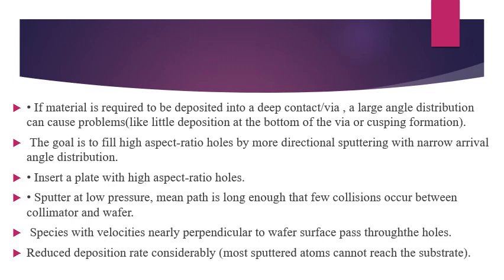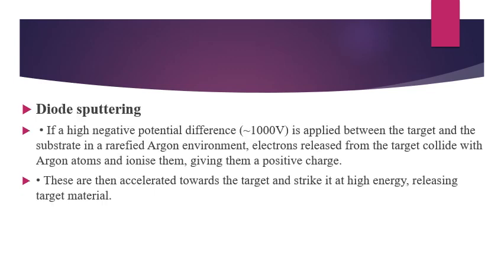Insert a collimator, a plate with high aspect ratio holes. Sputtering at low pressure means the path is long enough that few collisions occur between the collimator and wafer. Species with velocities nearly perpendicular to the wafer surface pass through the holes. This reduces the deposition rate considerably. Most sputtered atoms cannot reach the substrate.